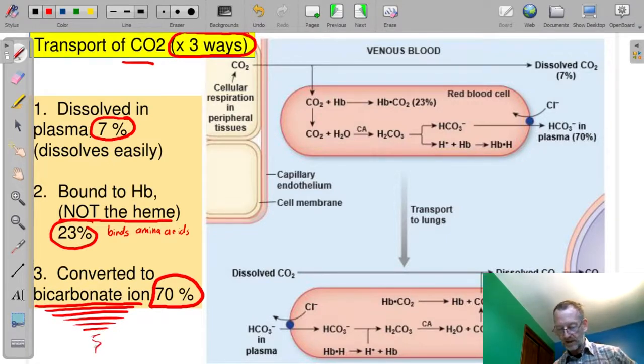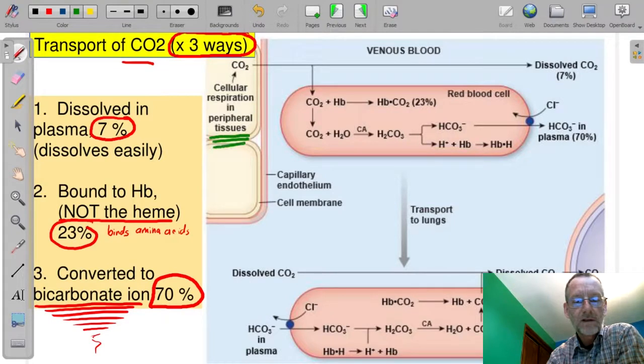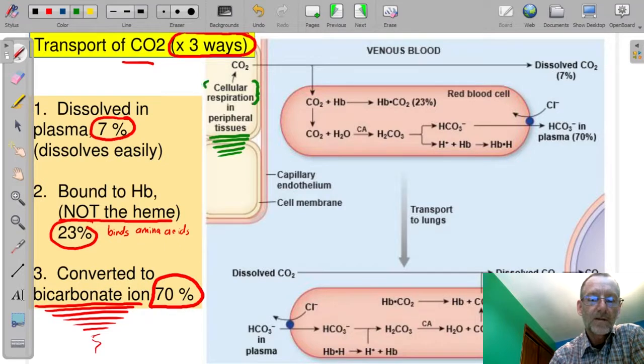So just to work our way through the slide, here we are in the tissues, the feet, fingers, wherever, and we're generating carbon dioxide from cellular respiration. Perhaps you remember some of those steps of the Krebs cycle.